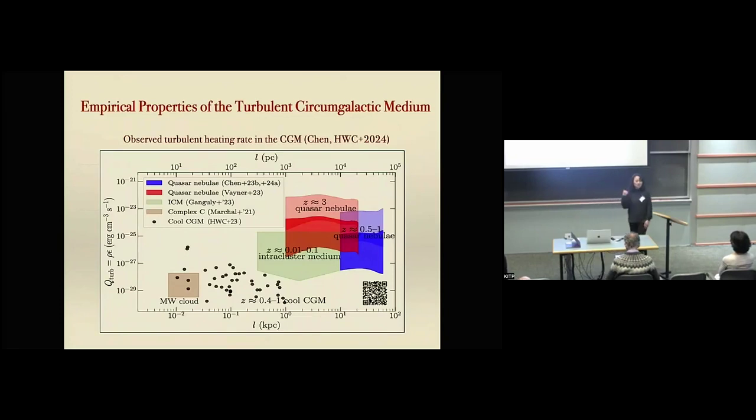So this is just a summary of what we know so far in diffuse gas content over many decades in spatial scale, and what kind of turbulent heating we can determine, constrained from empirical data. So I should move on to hand this over to Megan to talk about the ICM.